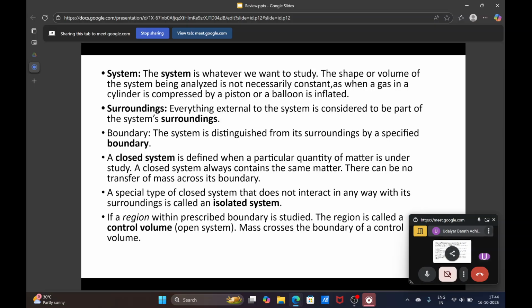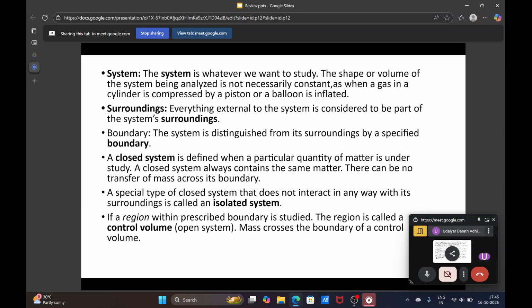So if you are considering a piston cylinder arrangement as the compressor as a whole as your system, your gas is coming in and going out, so there is no change in any shape. But if you are considering the gas to be your system, the volume of the gas is getting compressed and expanded, so there is a change in volume and shape. So it ultimately comes down to what you are considering and what you are trying to analyze and study.